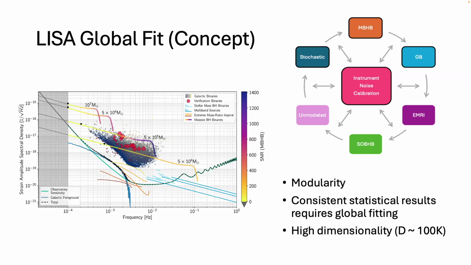To think about why the global fit is so hard, you can look at the last point on the bottom there, which is the high dimensionality of this problem. If you take the astrophysical rate predictions, which we won't go into detail on here, and the generally accepted predictions, we're looking at a fit that has to examine and characterize on the order of 100,000 parameters.